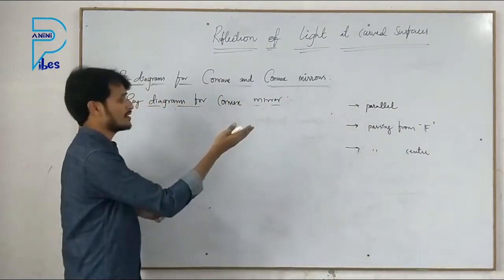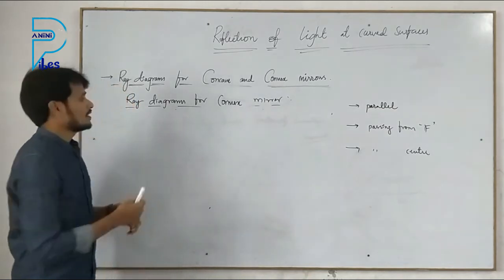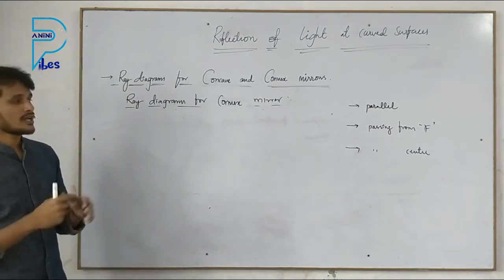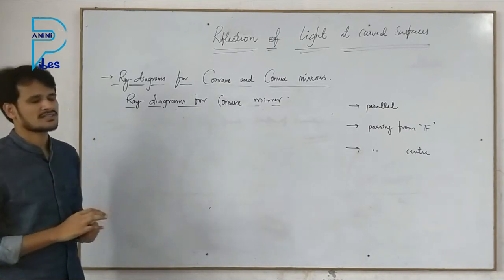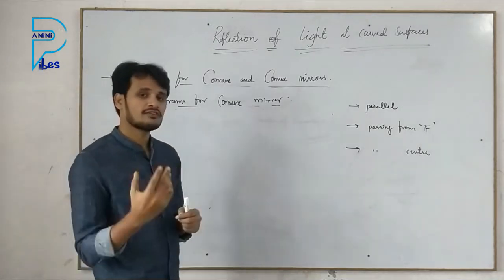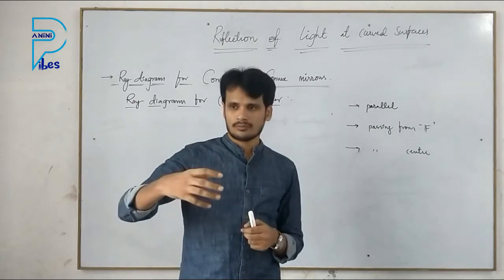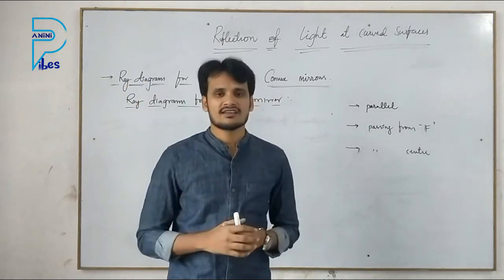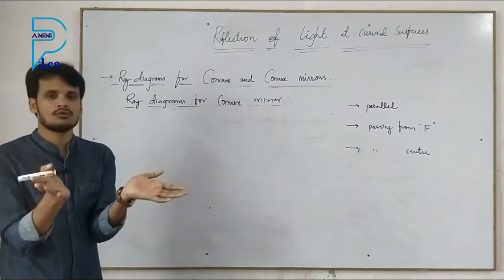Both are similar: parallel, passing through F and passing through the center of curvature. We have just seen them for concave mirror, so they are similar for convex mirror also. Actually the ray diagrams are similar on concave and convex mirror, but concave mirror is a converging mirror and convex mirror is a diverging mirror. The movement of incident rays is different on concave and convex. In concave it converges, in convex it diverges.